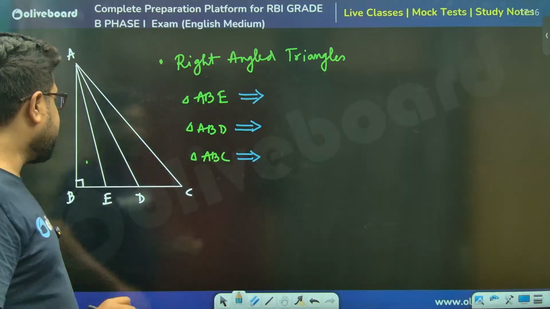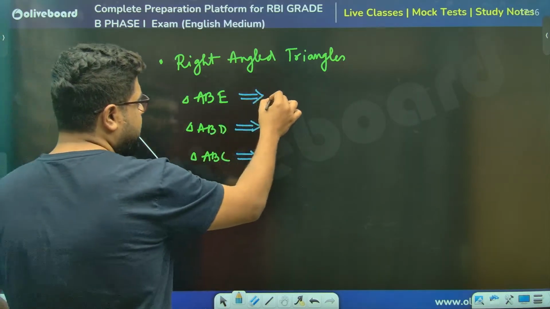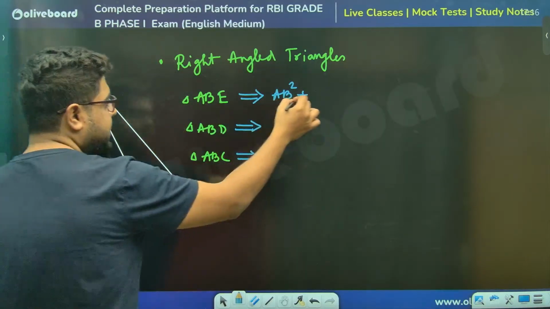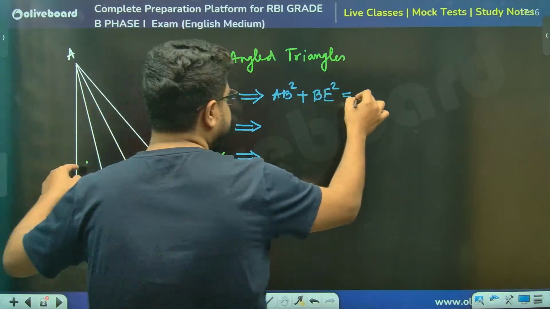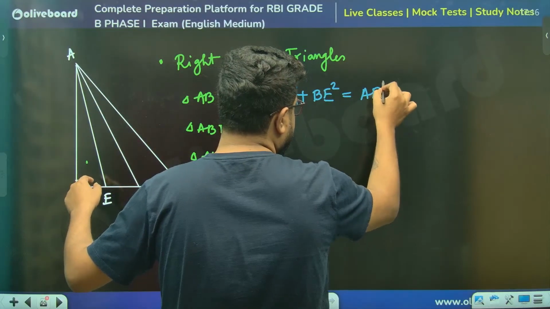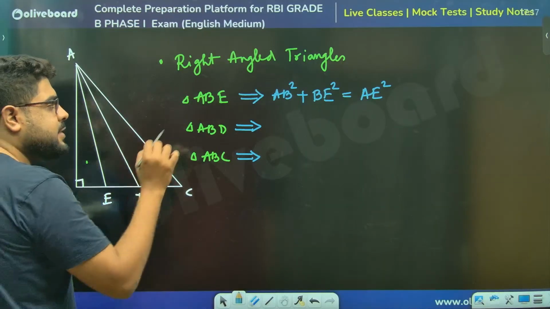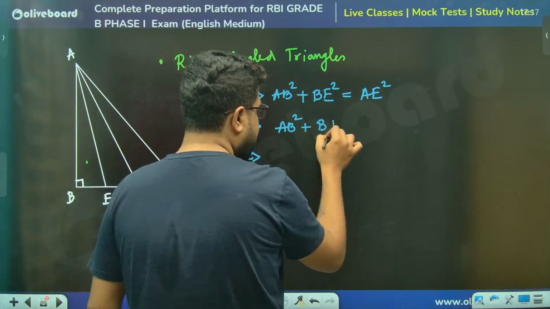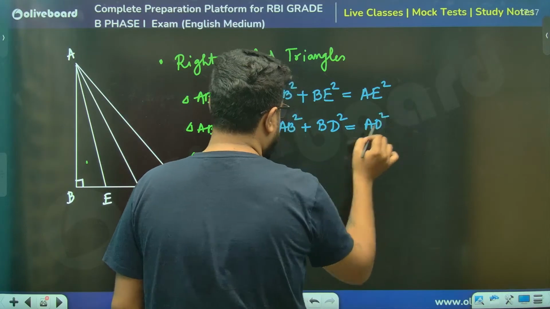For the smaller triangle, AB square plus BE square is equal to AE square. For ABD, AB square plus BD square is equal to AD square.